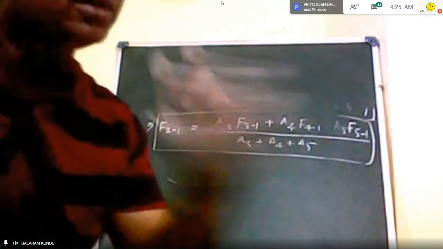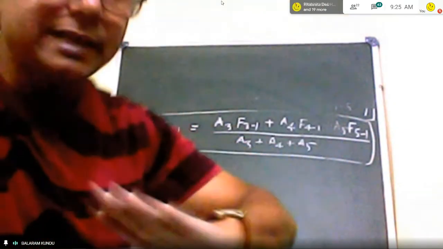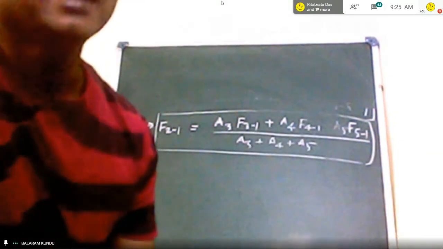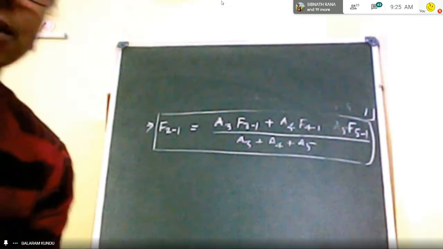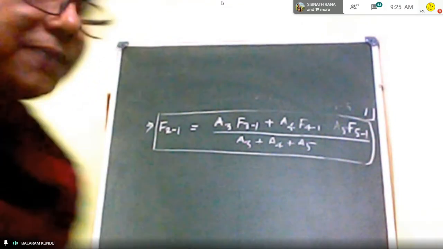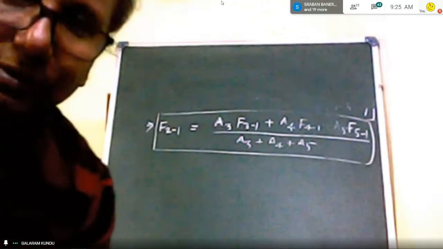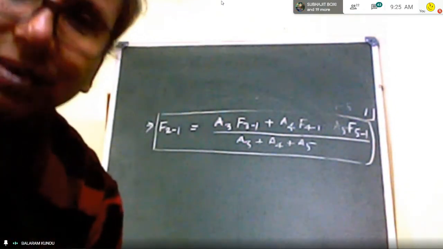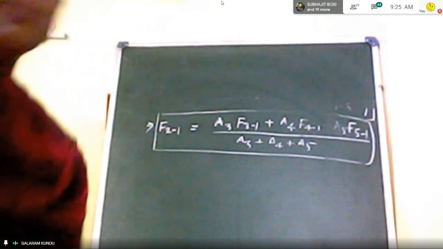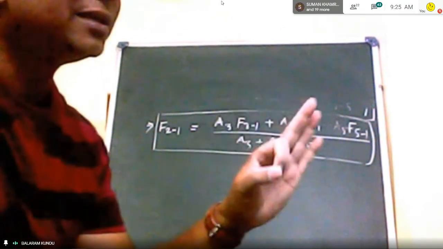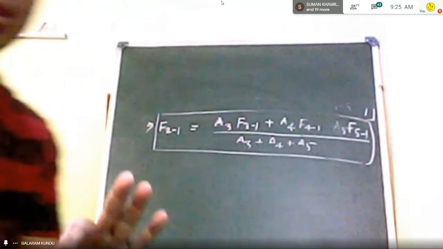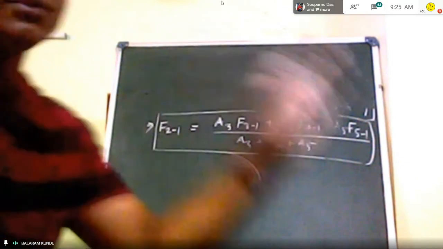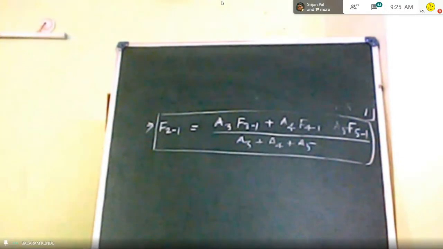Or we can consider a plane surface. If the surface is plane, then f of ii equals 0. If the surface is convex, then Fii should also be 0. So depending upon the surface condition, we have to decide whether Fii will be 0 or non-zero, depending upon the nature of the surface.